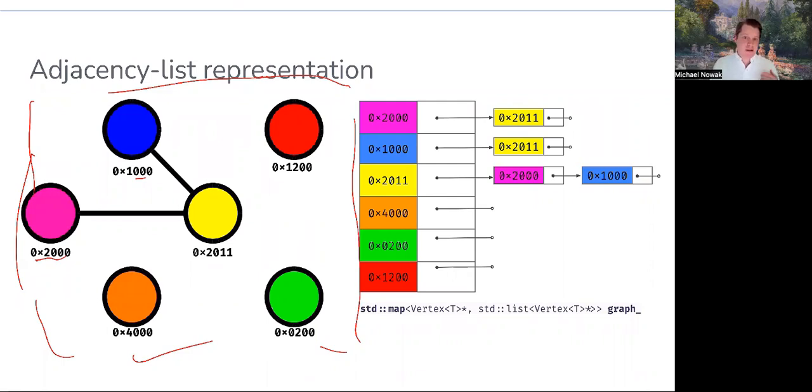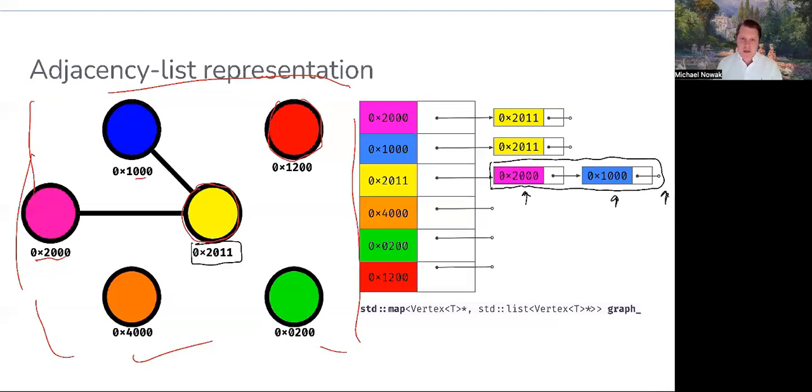And then what it's going to map to is a standard library list of vertex addresses. So if we wanted to see if this yellow object was connected to the red one, we would simply use that yellow object's address as the index into our map. That would give us back its adjacency list, which we'd iterate through one by one until we either find the value we're asking whether or not is adjacent to it, or we arrive one past the last element within that list.